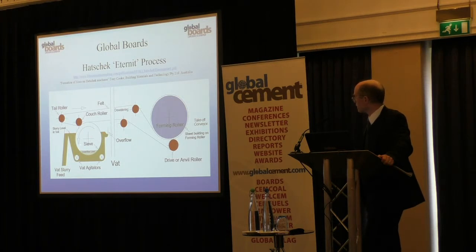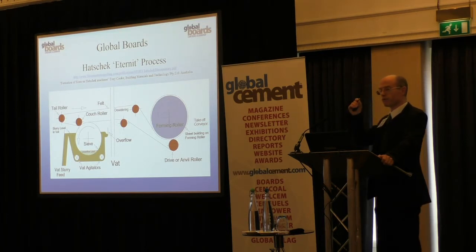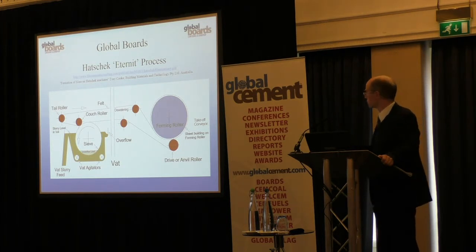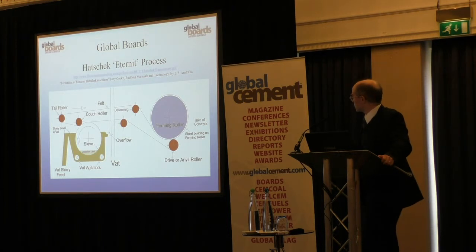Now, there's a rotating sieve here, which essentially picks up a very fine layer of fibres and cement on the outside of the sieve. So this rotating sieve rotates like this. It starts to pick up the mixture from the vat as it comes around here.